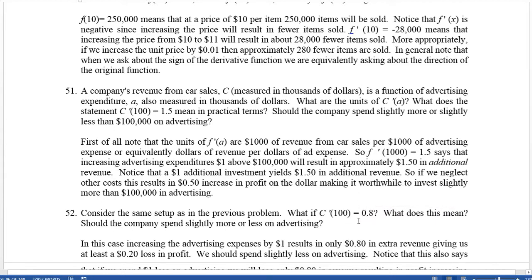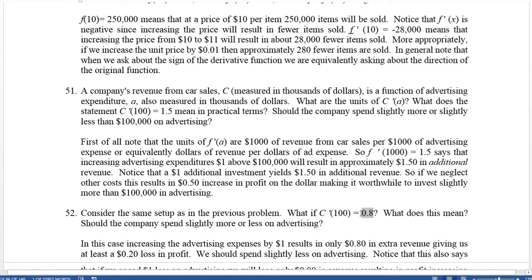Okay, and usually even some poor advertising at least gets your name out there. So it might not be very effective, but it should increase your sales. So it should be a positive number. And certainly that's what they hope. The advertisers certainly hope that it's going to be a positive number for the derivative.